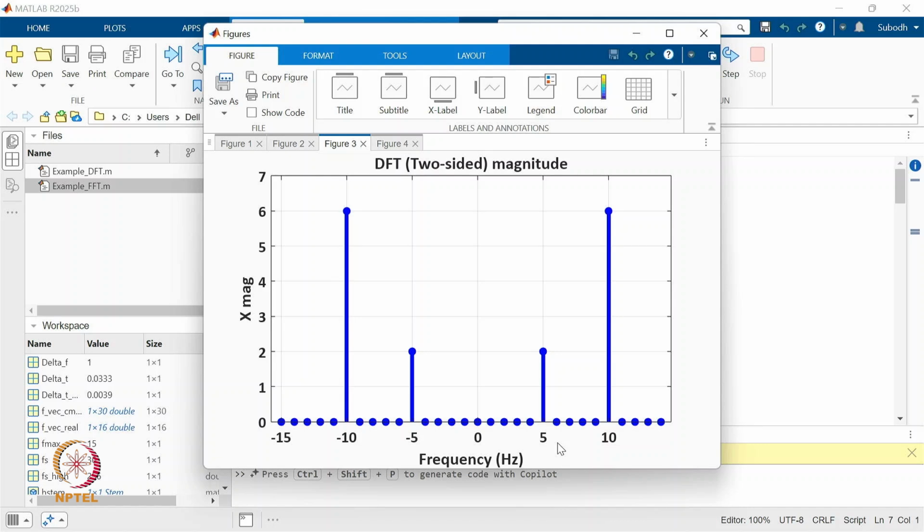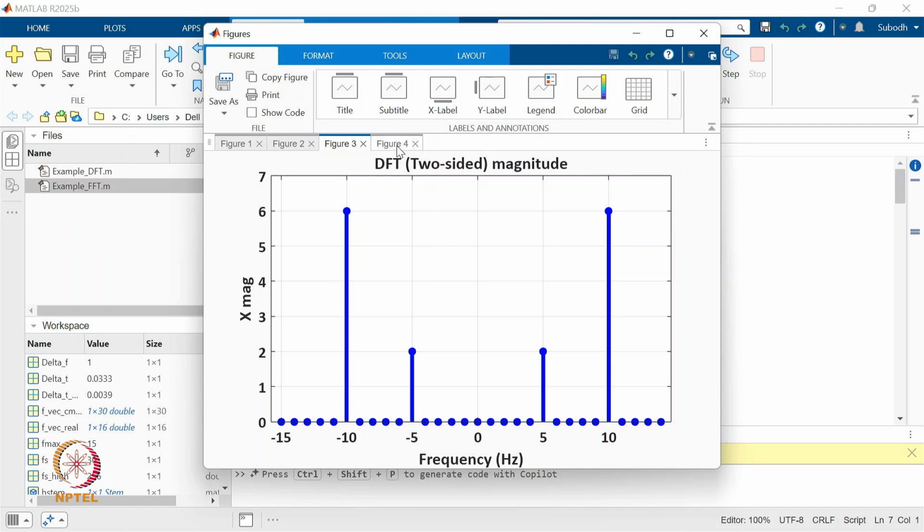Also, we have a frequency component at 5 Hz and also at minus 5 Hz, and the magnitude is 2, which is half of the actual amplitude, which was 4. In the complex DFT we get the components at plus and minus frequency with half the amplitude. The same is true for the 10 Hz component, whose true magnitude was 12.